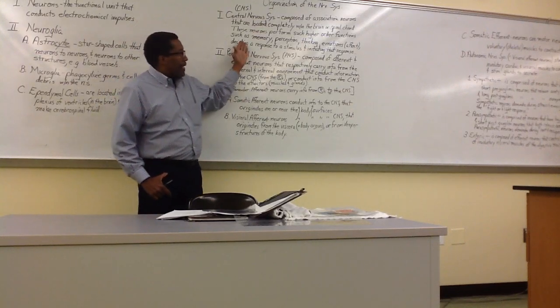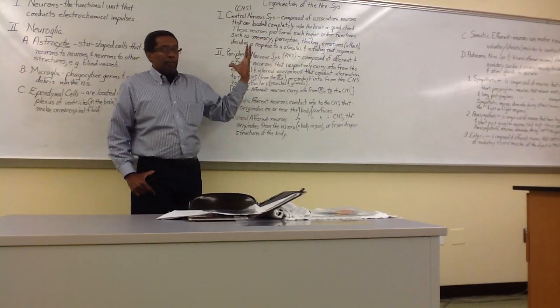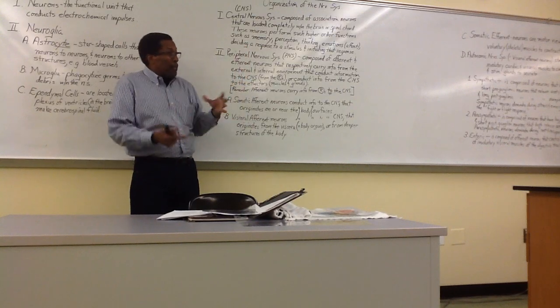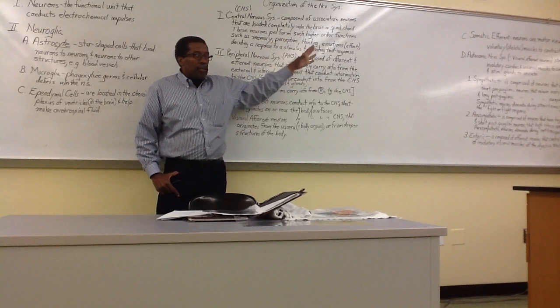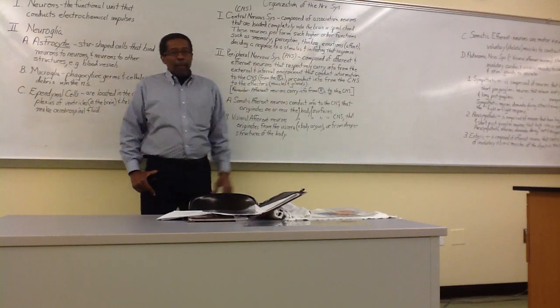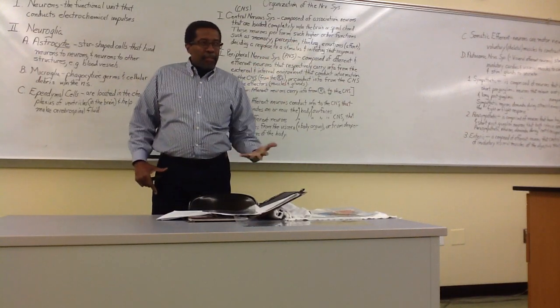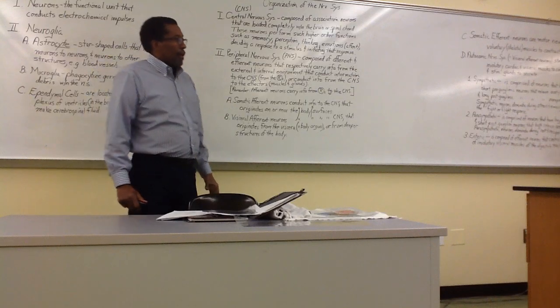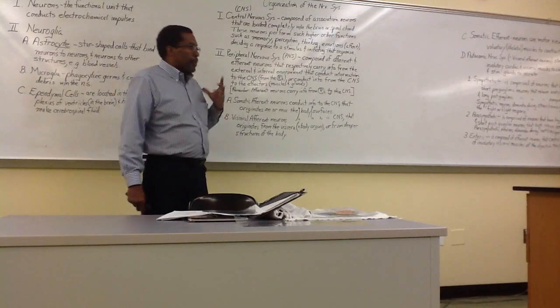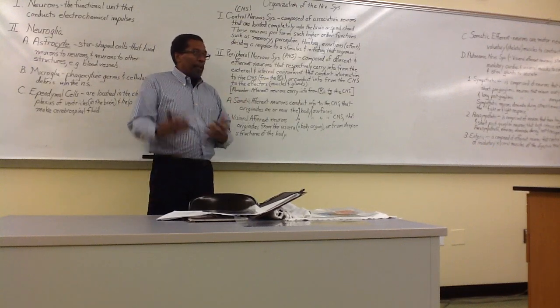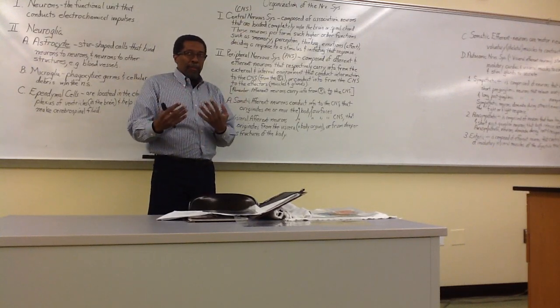In order to decide on what action, we call that thinking. Okay, so when the brain is processing the information to decide how to respond to a stimulus, we call that thinking. Now, thinking gets to be very complex, but thinking also involves comparing stored information with the new incoming information.